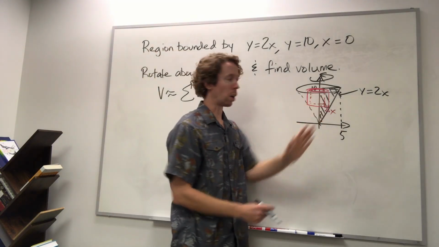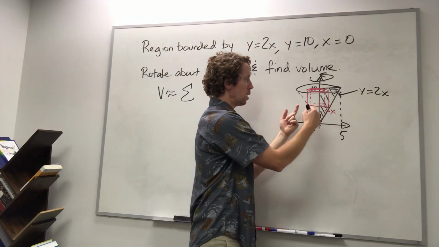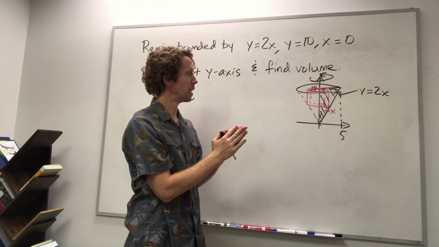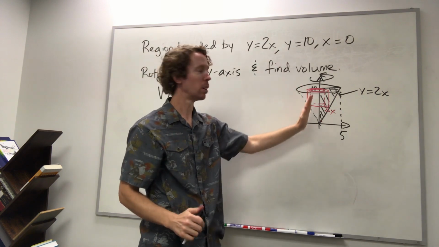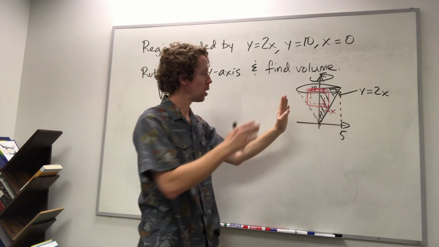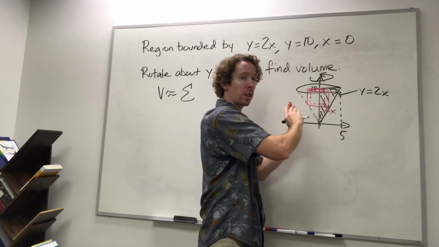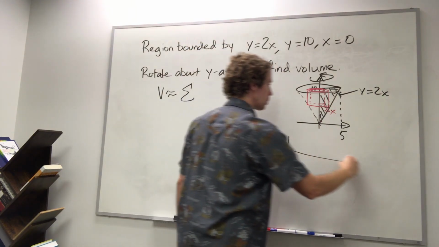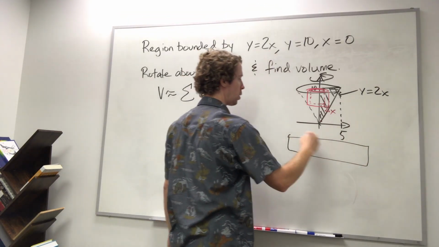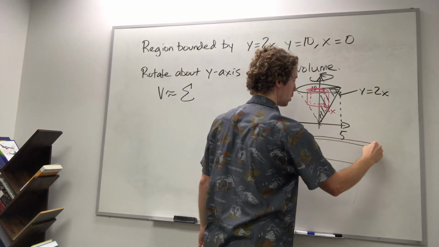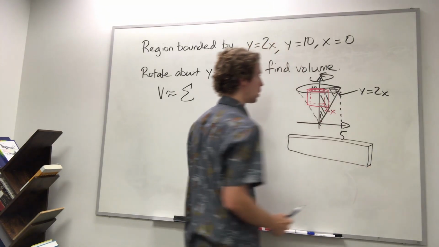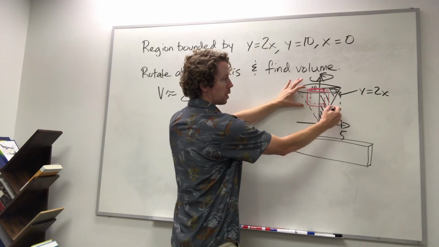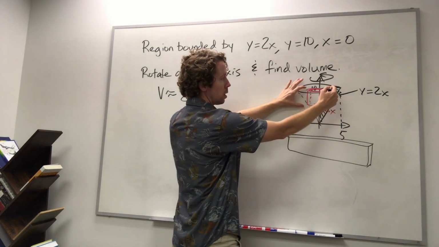To get the volume of the shell, I'm going to split it open. It looks kind of like a toilet paper roll. I'm going to slice it, split it open, and unroll it. And when you do that, you get this long rectangular object whose height goes from this line 2x all the way up to 10.